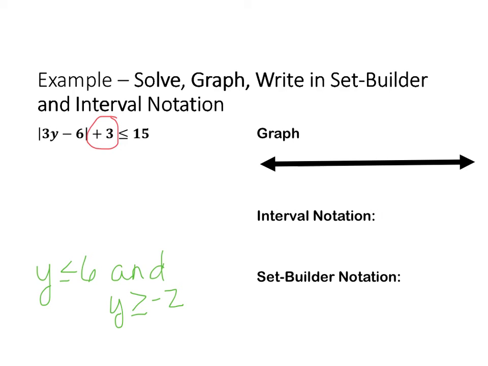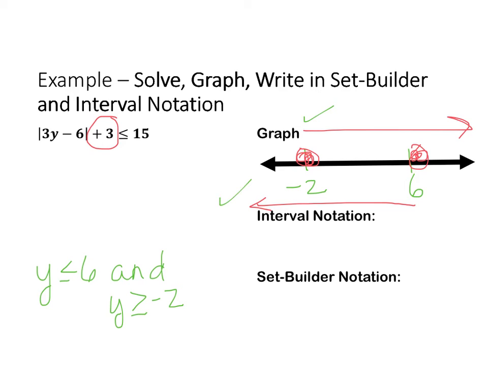When I graph that on the number line, I have -2, I have 6, and closed dots at both. This one says it has to be bigger than -2, and my other one says it has to be smaller than 6. So the only place where this line and this line overlap each other is in between. So I shade the area in between.